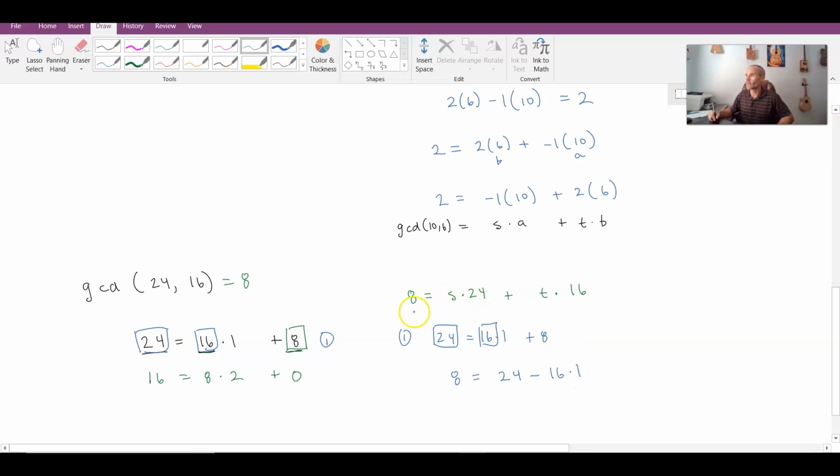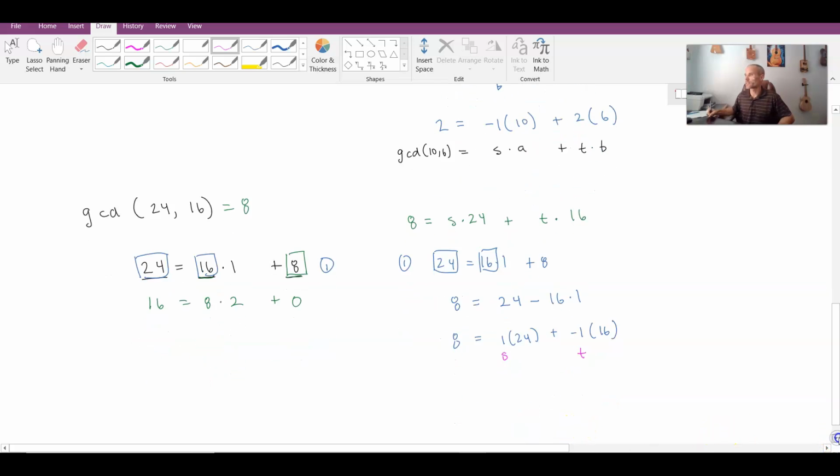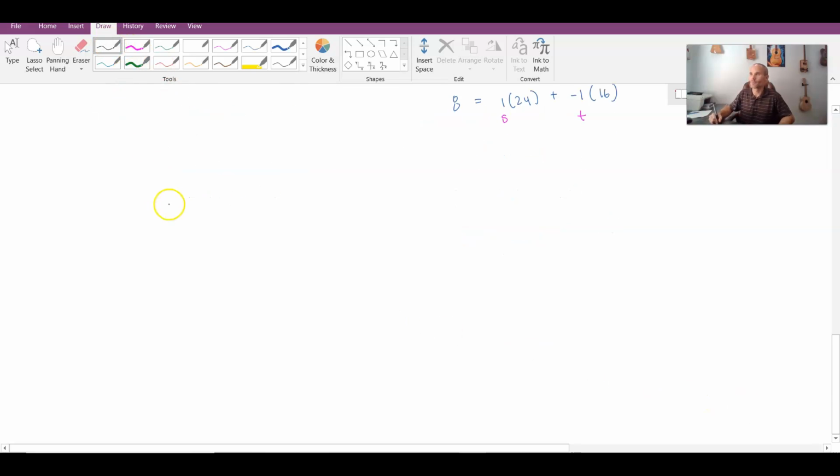To clean this up and make it look more like this equation, I already see that 24 and 16 are here, but I will write this as 1 times 24 plus negative 1 times 16, and I have effectively identified my S and my T values. This could carry on for multiple steps, where maybe we want to take something like the GCD between 25 and, we'll say, 15.